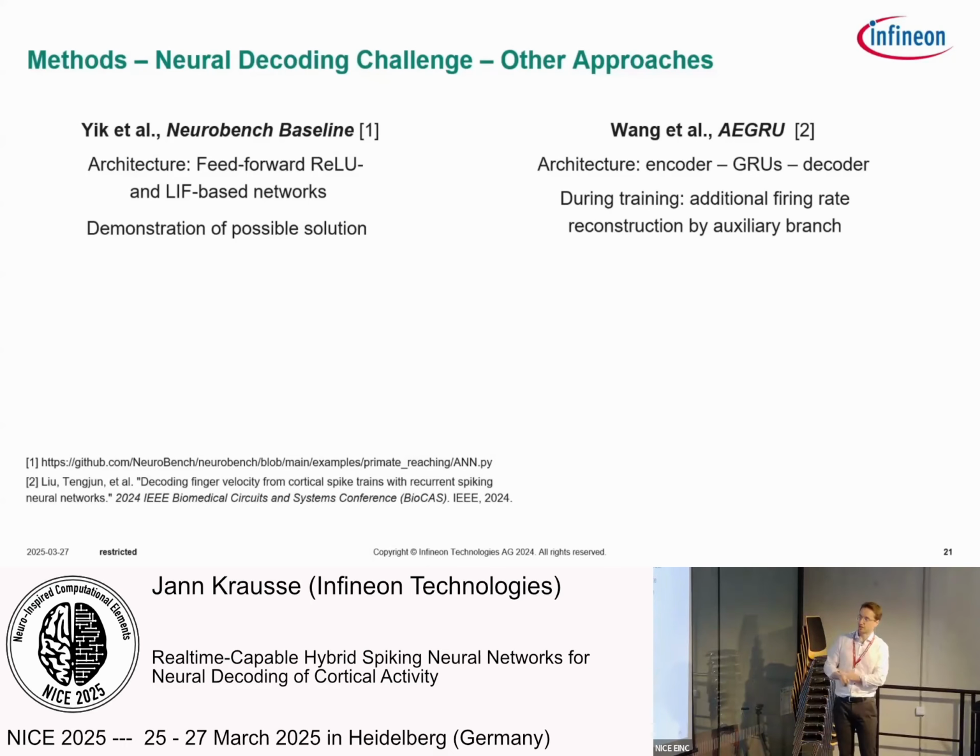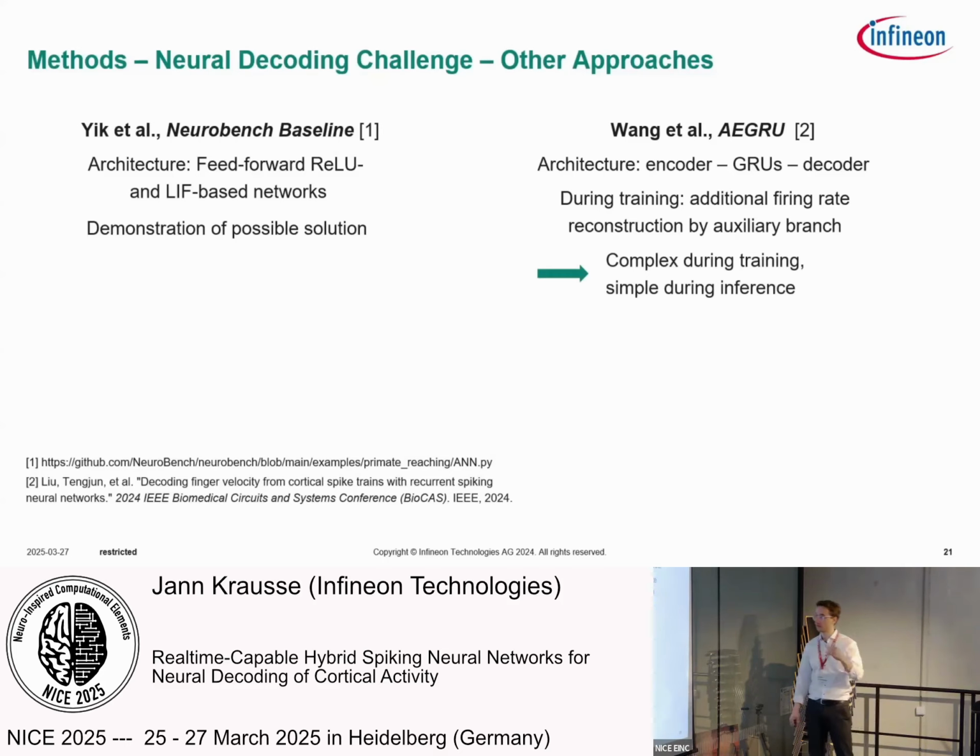This is especially interesting because this kind of network is very complex during training, but relatively simple during inference, because during inference they don't have this auxiliary branch. And this is important because Neurobench in the end evaluates the architecture that you use for inference, not for training. Having this architecture, they have excellent accuracies, hence securing first place in track number 1.